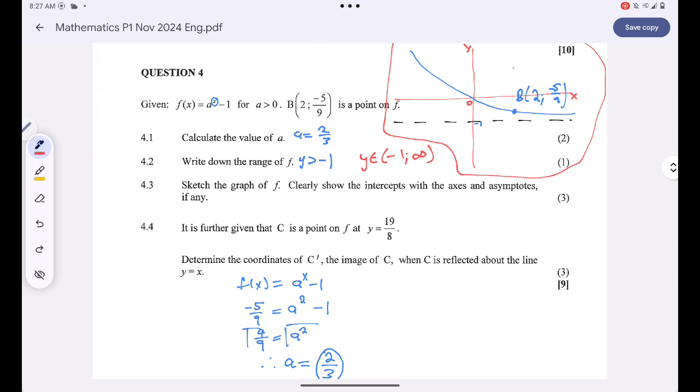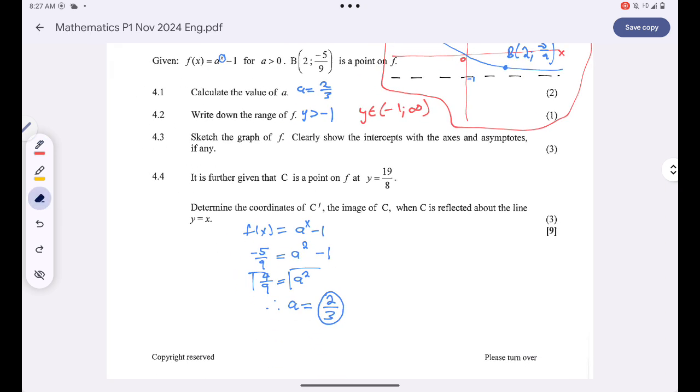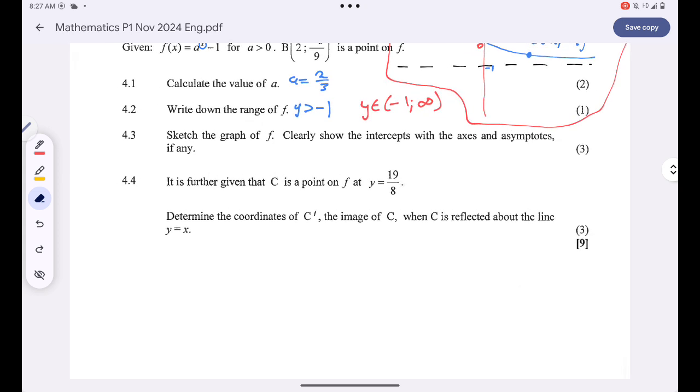And then for question 4.4, it is further given that C is a point on f of x at y is equal to 19/8. Determine the coordinates of the image of C when C is reflected about the line y is equal to x.